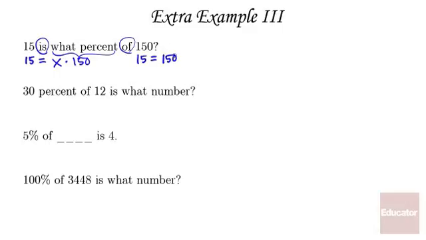So 150x, like that. And then to solve for x, remember I have to do this number divided by this number. So I'm going to divide this side by 150. Whatever I do to one side, I have to do to the other side. That way this becomes 1x, or 1 times x, 1x. And that's the same thing as x, right?